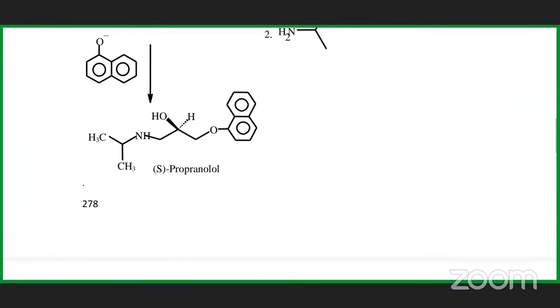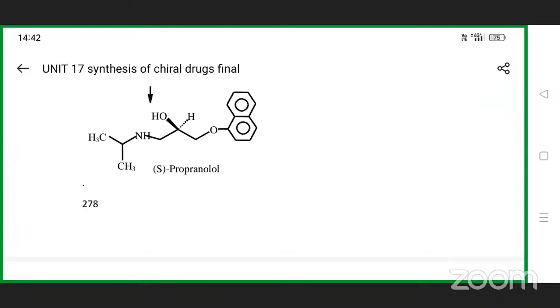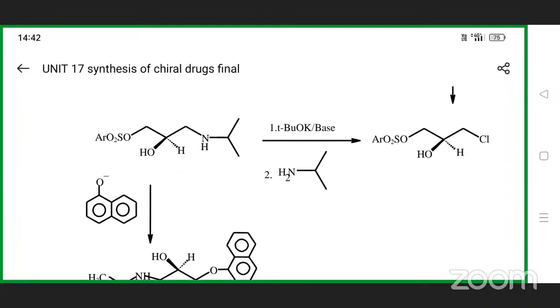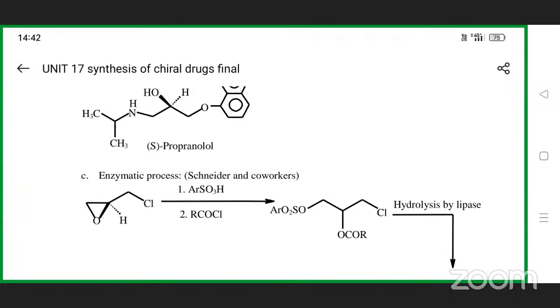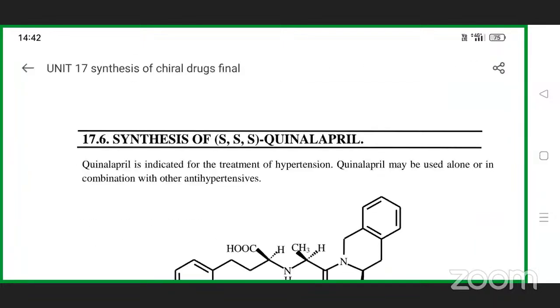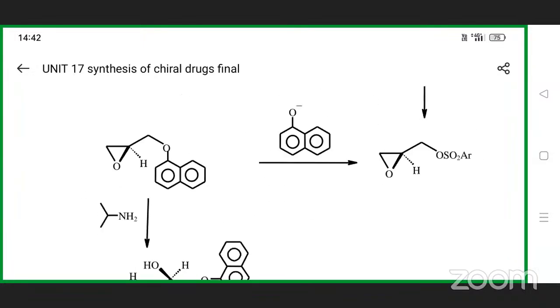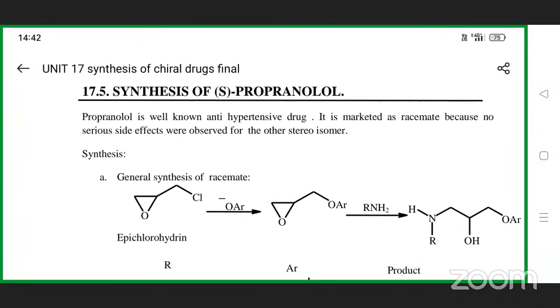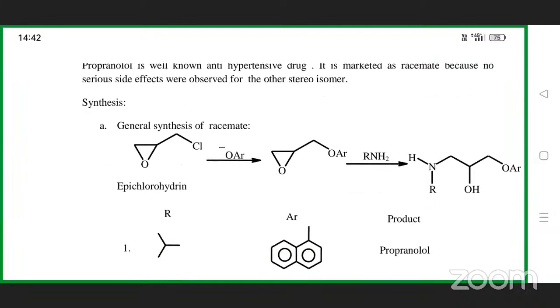So just make your preparation easy. Don't make your preparation complex here. So you selectively select the compounds. Like here, in my idea, S-ibuprofen is very easy, and naproxen is easy to remember, and propranolol is also easy to remember because it has a very simple synthesis, right?